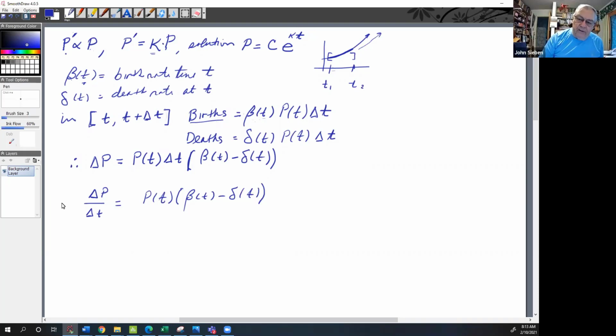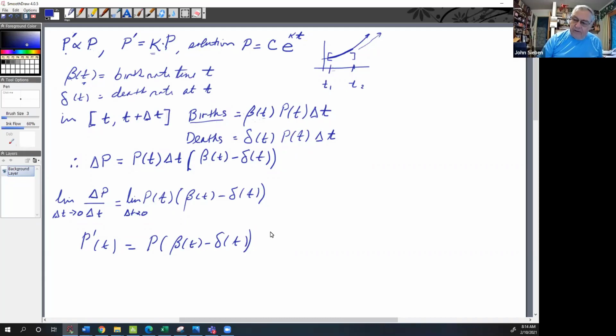And then if I take the limit as delta t goes to 0, that gives me, by definition, the differential equation P prime of t. So P prime of t would be P, which is itself a function of t, times beta of t minus delta of t. Nothing very profound there.